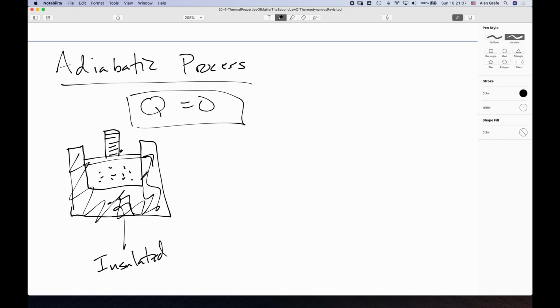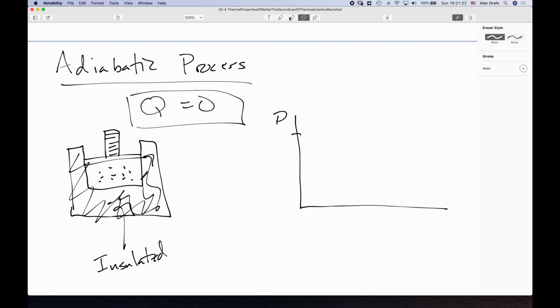So you need to do this very slowly so that we can actually draw a PV diagram for it. And when you do, it looks an awful lot like an isothermal process, but it's not. It'll become clearer when you see me draw the two processes together on the same diagram.